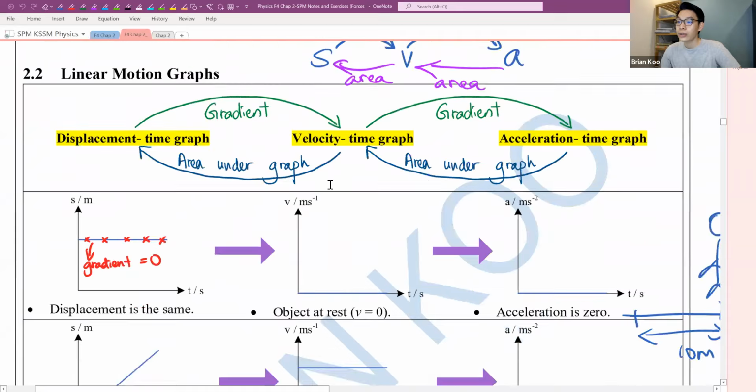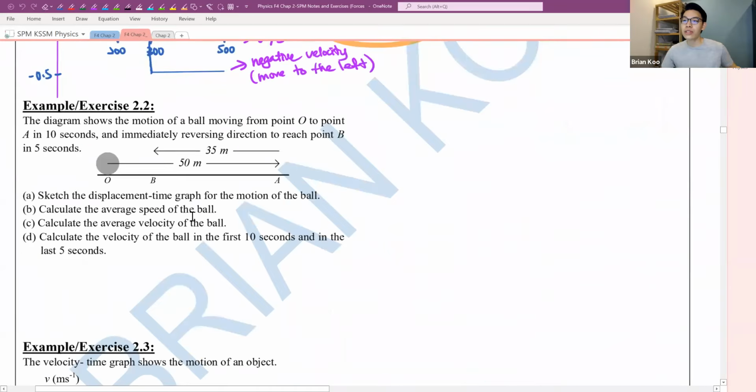Right. So 2.2. The diagram shows the motion of a ball moving from point O to point A in 10 seconds. This one took 10 seconds. And then it immediately reverses direction to reach point B in 5 seconds.